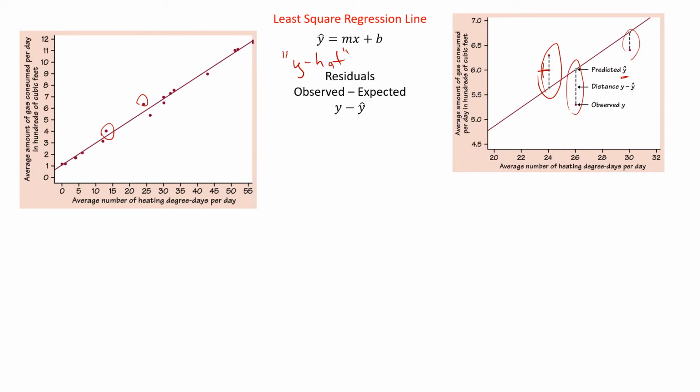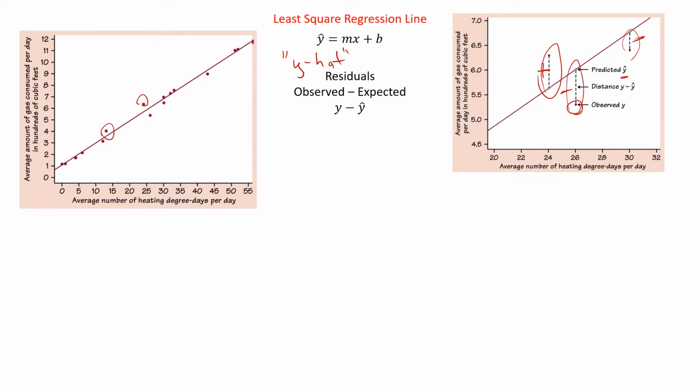When we plug in the value of x, in this case 26, into the equation, that's what the equation gives us. The observed value is what the actual point was when x equals 26. And so that distance in between is the residual. So the one up here was positive. The ones below the line are going to be negative.